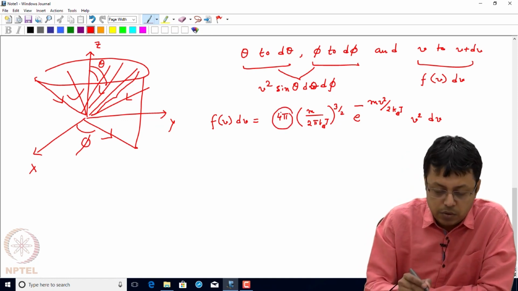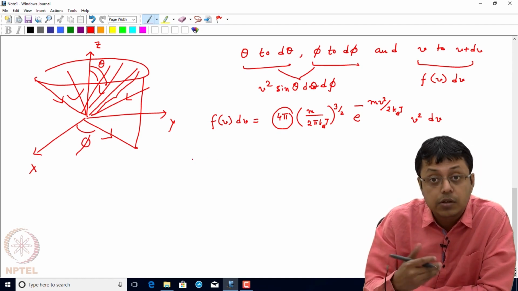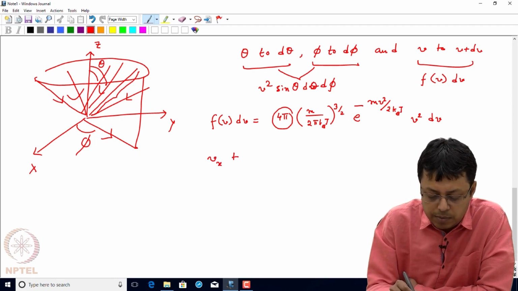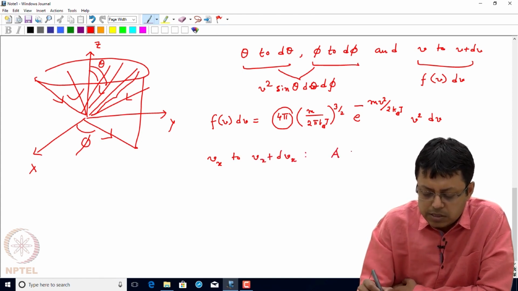If you have studied how this 4 pi factor comes, you'll readily realize that when you derive the Maxwell-Boltzmann distribution, we first considered a velocity distribution, say for Vx. What will be the probability for Vx to Vx plus dVx? And that we got as some constant into e to the power minus some constant into Vx squared.